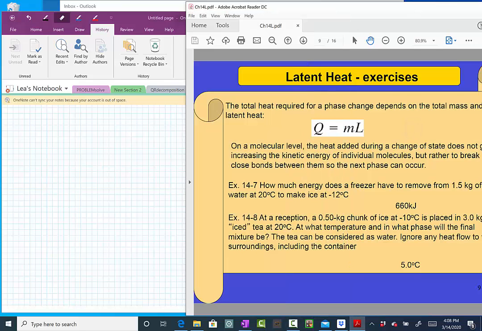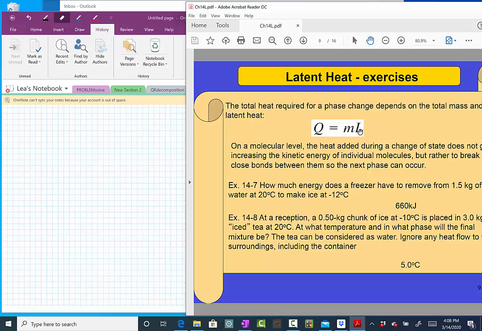Okay, so let's solve this example 14.7, which is the first problem that involves phase change. Remember, when we have phase change, during the process of changing the phase, the temperature does not change. And the equation that we use for Q is mL.